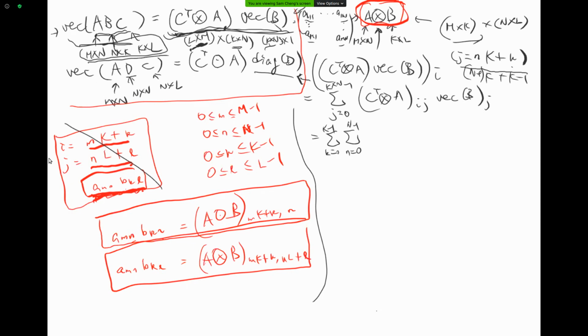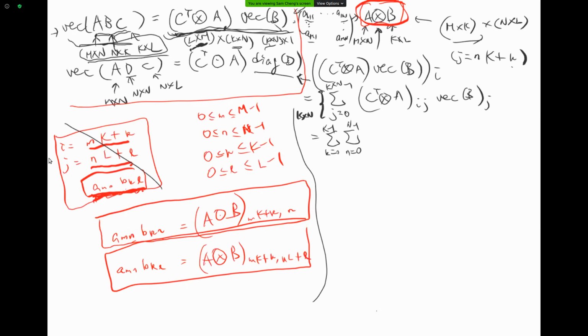And you can easily verify that this covers all the possible values of j from 0 to KN minus 1. Of course, the number of j here is equal to K times N, and this covers K of them, this covers N of them. So this is also a kind of sanity check that it should match well.